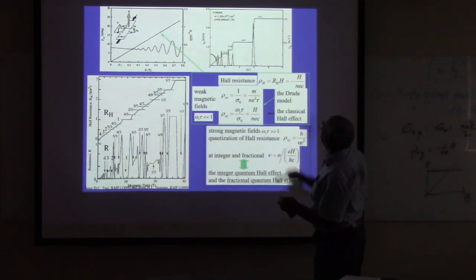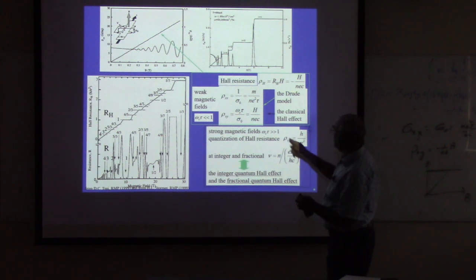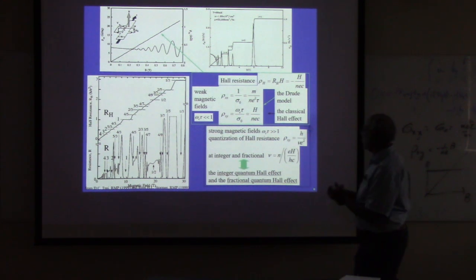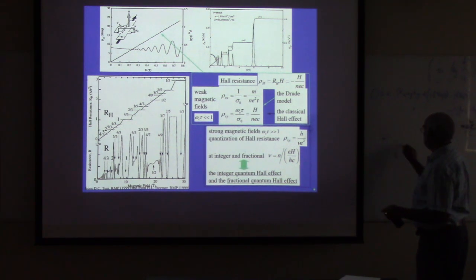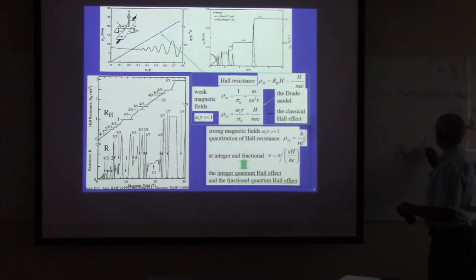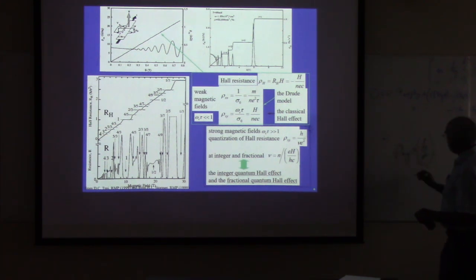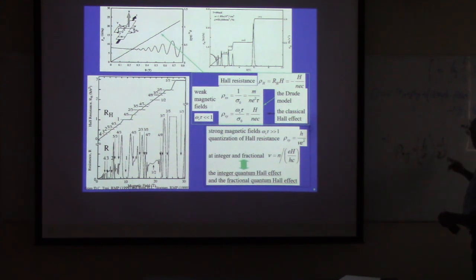So actually, they found that the rho is going something like this. This rho xy is given by, this is a quantum effect, right? h over e squared is a very special quantity times 1 over, we call this the order of these plateaus.